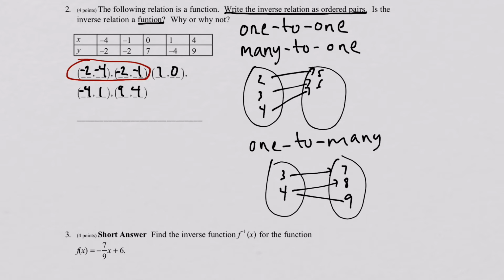It's going to -4, and it's also going to -1, so it's not going to work. So this one is not a function. And the reason why is because it is one-to-many. It's a relation, but it's not a function. One input goes to many different outputs.